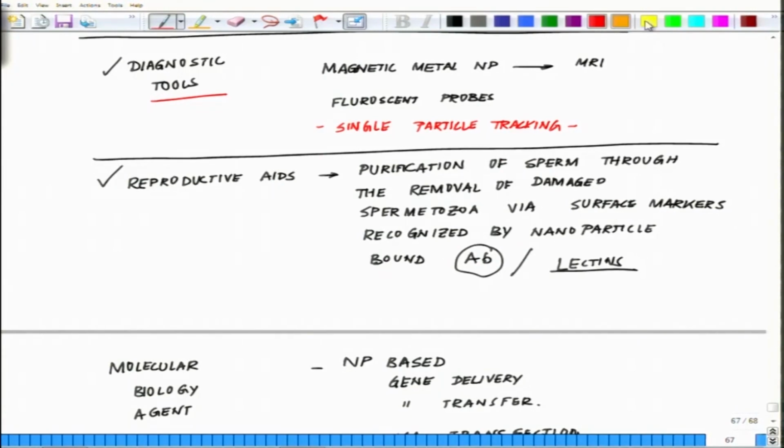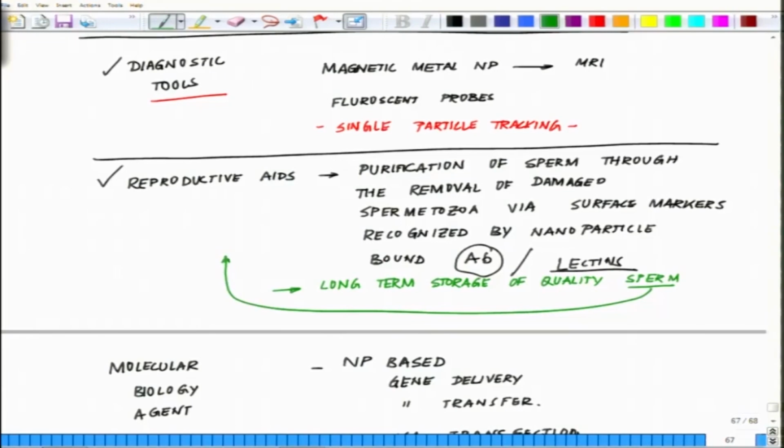Similarly, there is another area which is exceptionally important, especially in modern animal production: long term storage of, I should say, quality sperm, because these sperms are stored in cryopreserved chambers, and during this storage a significant amount of damage occurs.